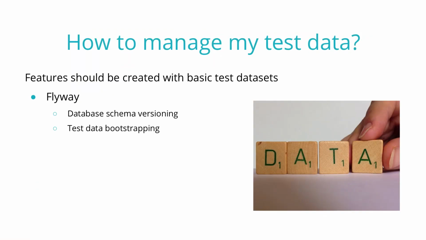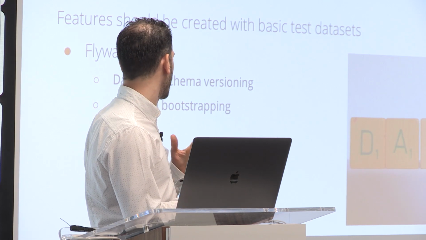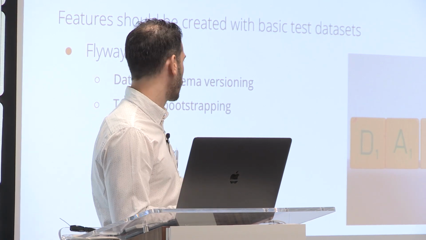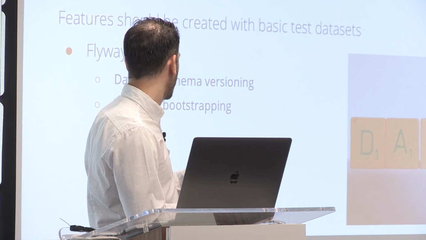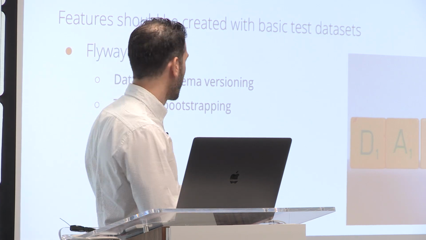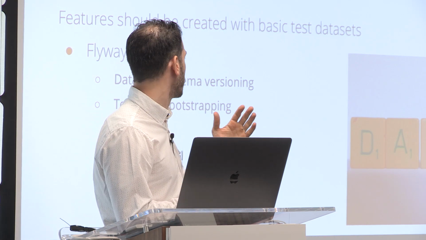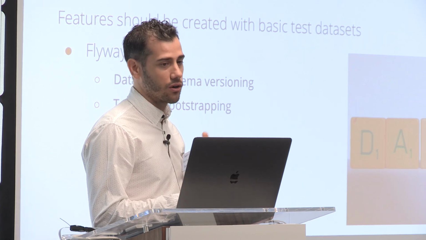We also mentioned that data in the shared environments can get very bad. So how do we deal with this? An option is to version your schema changes. So instead of making a script and executing it directly on the database, you define the script, but you version it and you rely on a tool like Flyway to execute it and to make sure each script is executed only once.